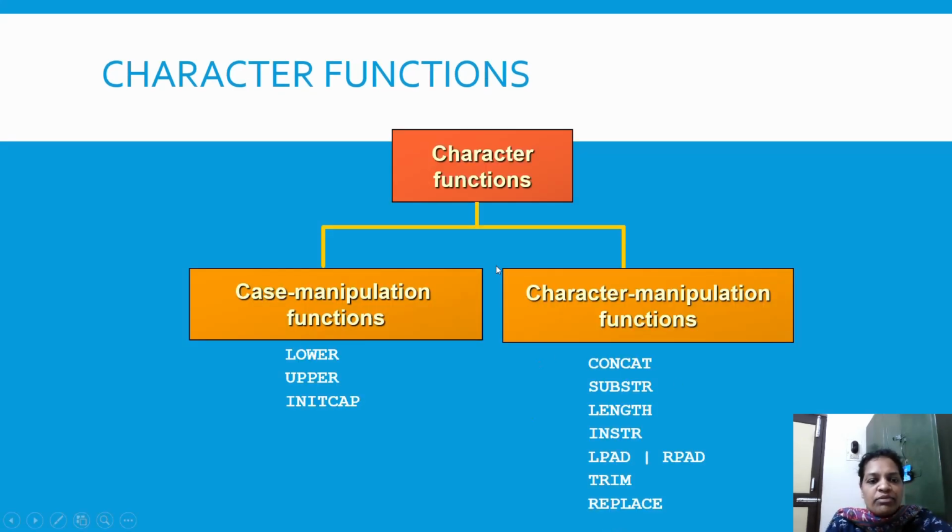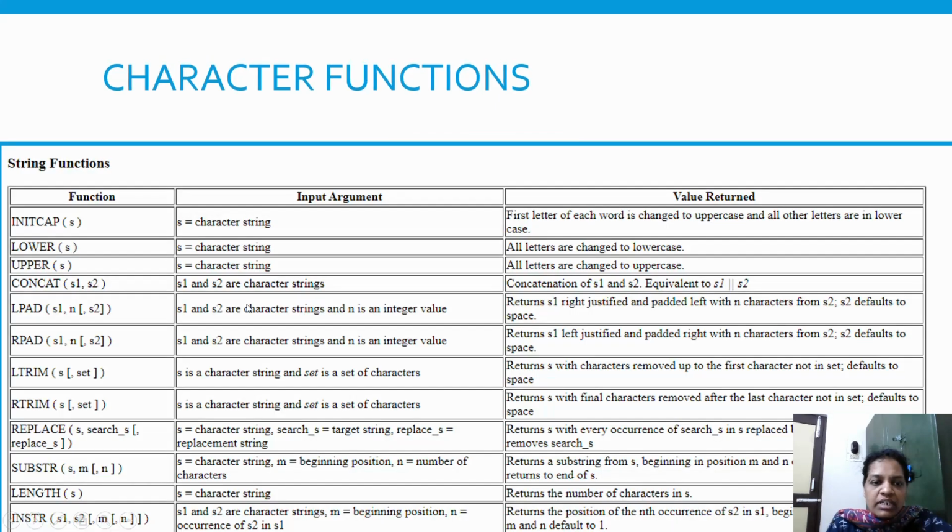Then, within character functions, there are two different groups: case manipulation functions and character manipulation functions. Case means uppercase, lowercase, and initial capital letter, so these three functions come under case manipulation functions. Here we studied the list of character functions.